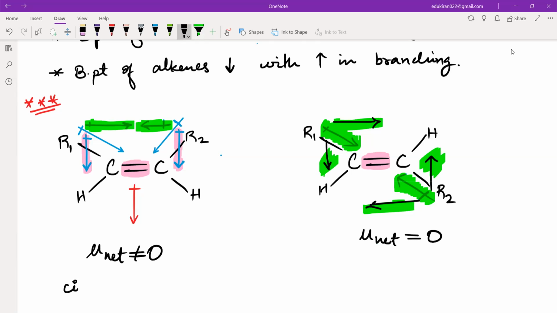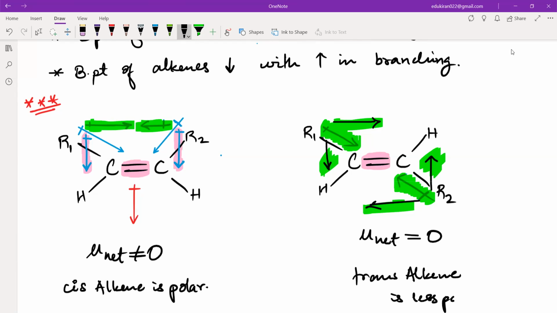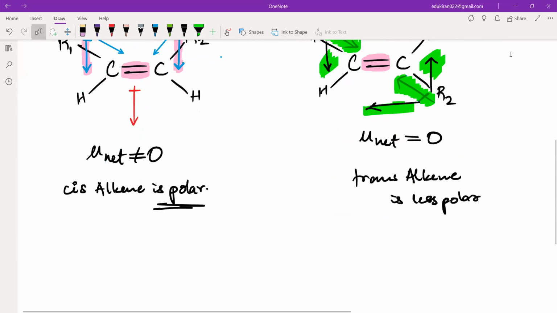That is why cis alkene is polar. Rather, it will be more polar than trans alkene. Now, if it is more polar, then what is going to happen?